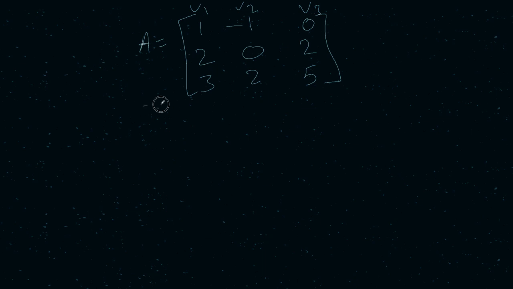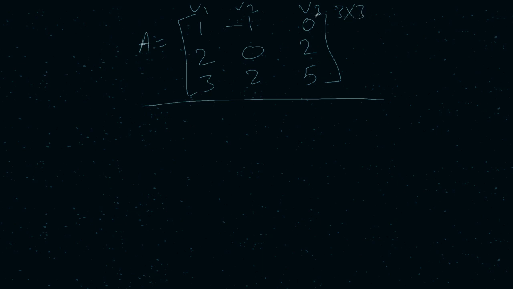Well, now we were talking about this matrix A with the elements 1, -1, 2, 0, and 3, 2. Now let me add another vector. This is vector 1, vector 2, and let me add another vector here, for example 0, 2, and 5. So this is vector 3. Now with this matrix we have a 3 by 3 matrix.